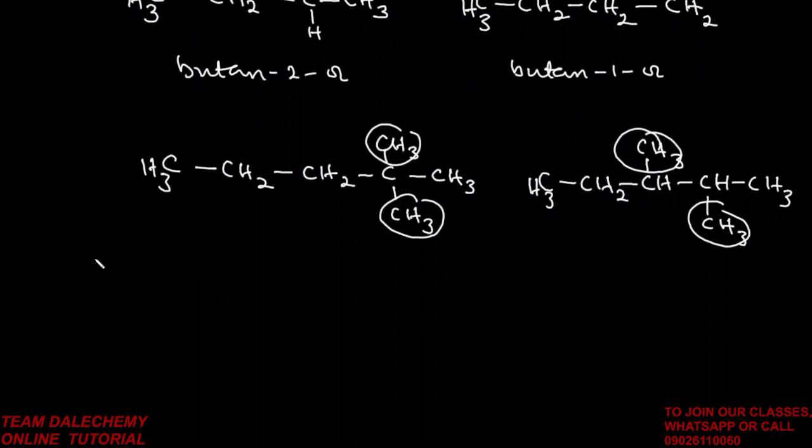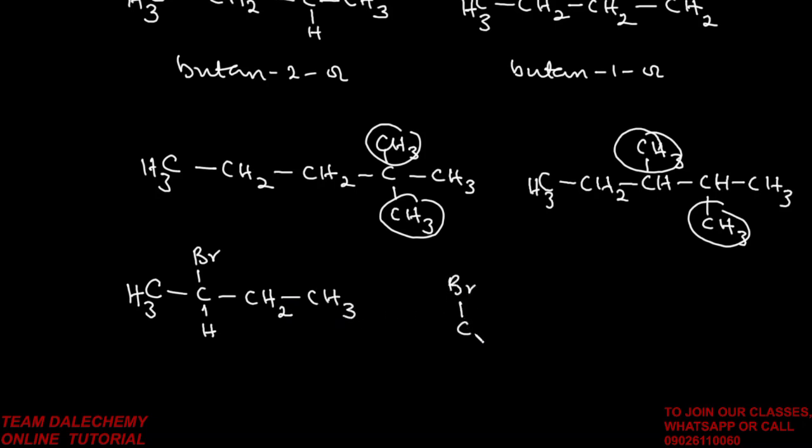Equally, we can have 2-bromobutane, something like this, and we can have 1-bromobutane as well. So the only difference in positional isomers is just the position of their functional group or the substituents.